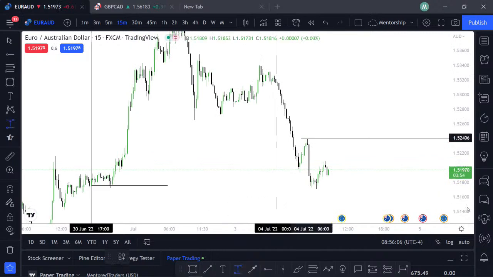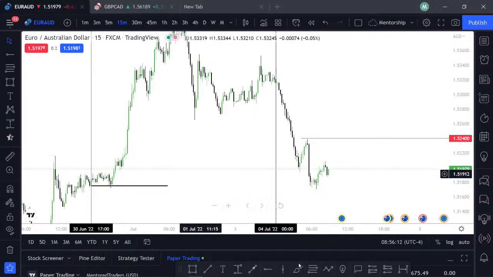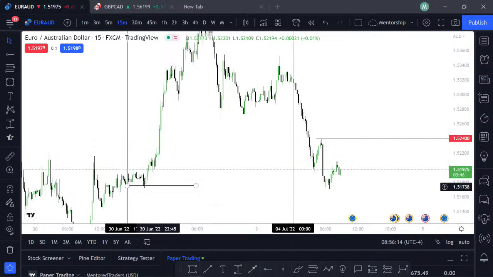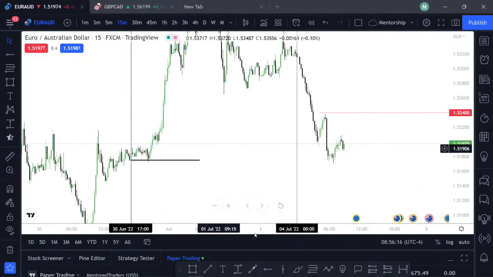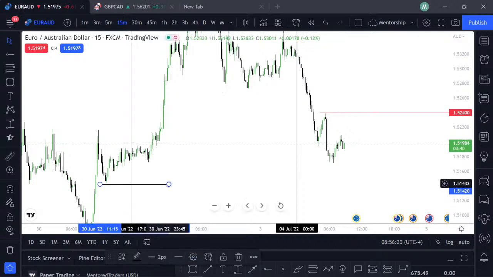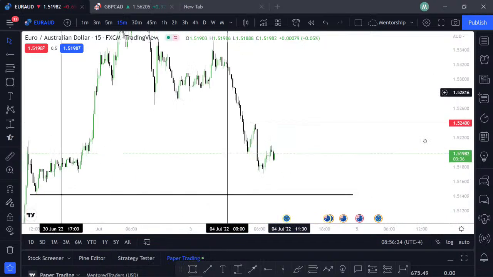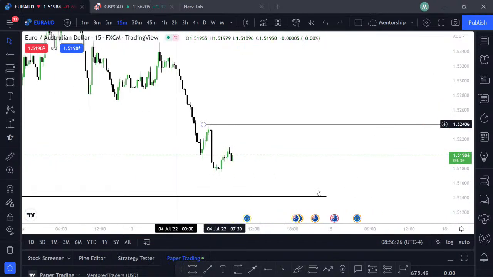How many pips? Close to 63, and I think it is still going lower below these lows here. Okay, see all these lows. So you're not chasing price, because if you chase price here, then you miss waiting for the smart trading entry to give you a short.